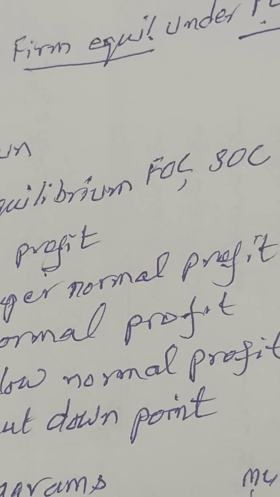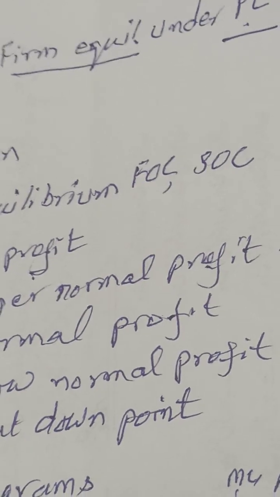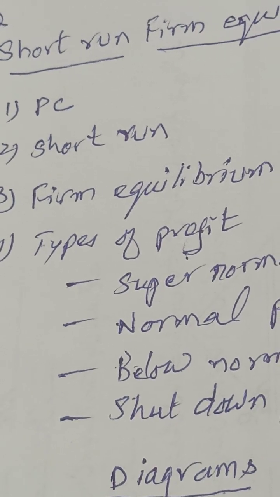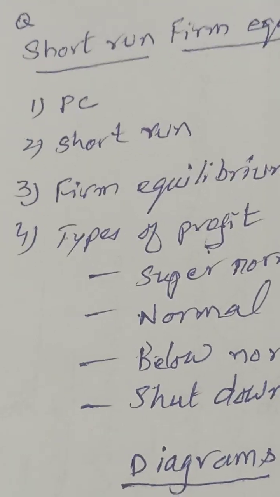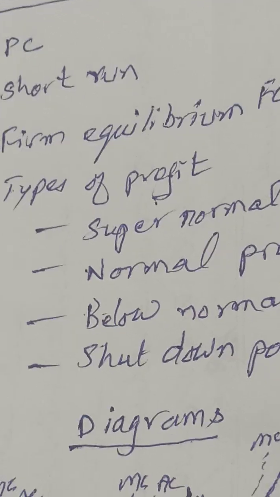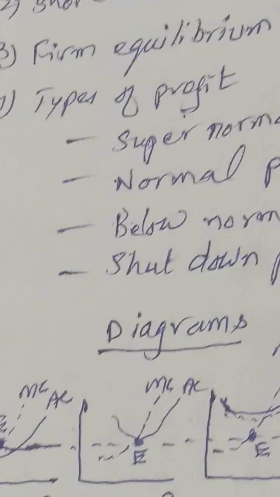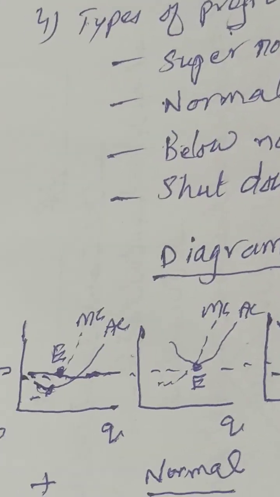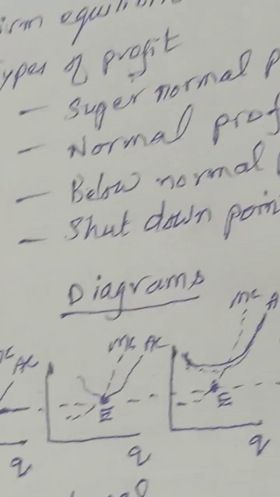There are two conditions: first order condition and second order condition. Then equilibrium, firm equilibrium under different situations like supernormal profit, normal profit, below normal profit, and shutdown point. Finally, the analysis will be covered with diagrams.